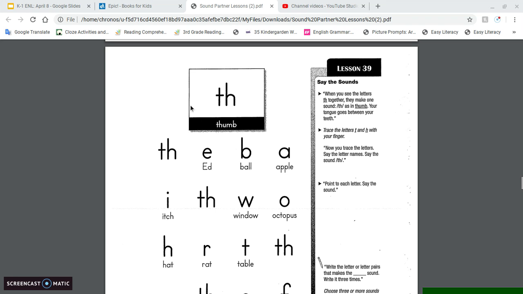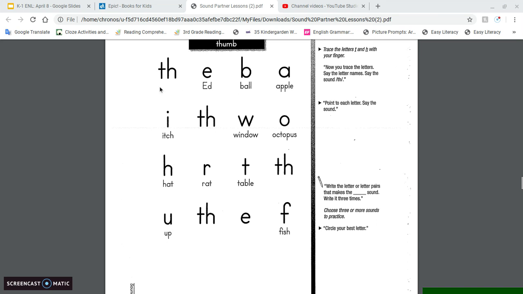Okay, so again, we're going to just point and say the sounds. So th, th, eh, b, a, I, th, w, a, h, t, th, th, eh, f.